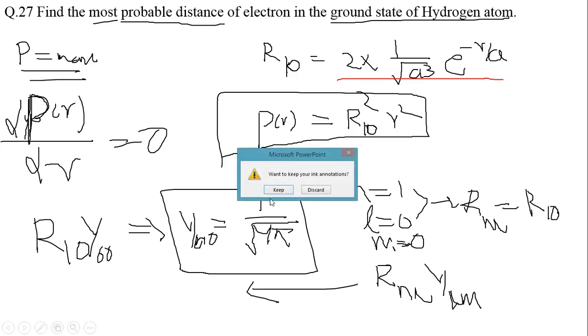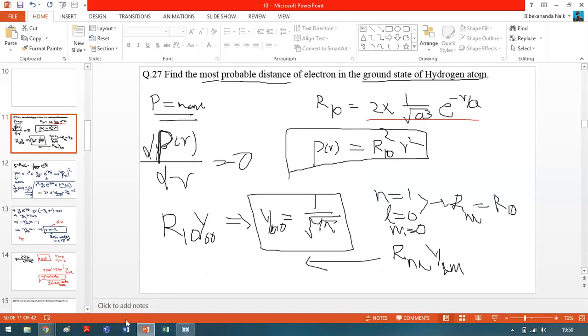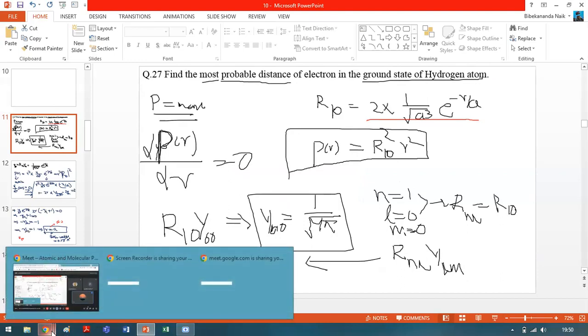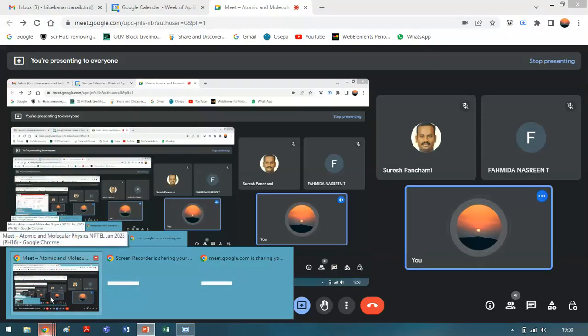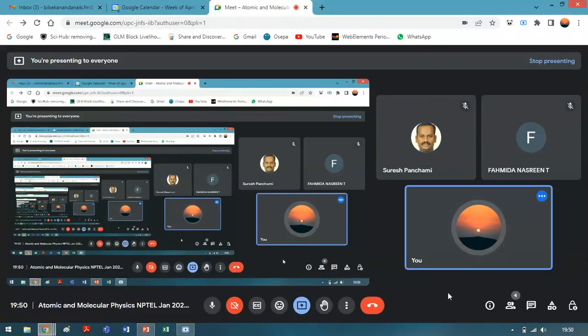Is it clear to all of you? Or should I explain it once again, because it is an important question. This type of question, the most probable distance of position of electron in the first excited state.